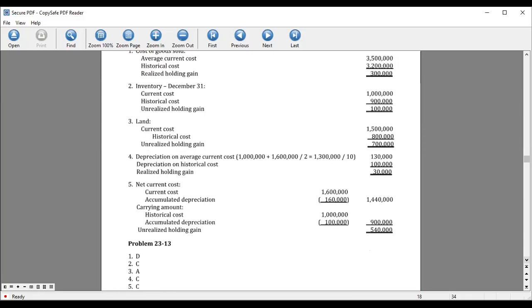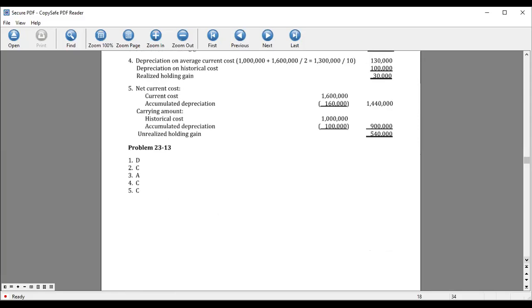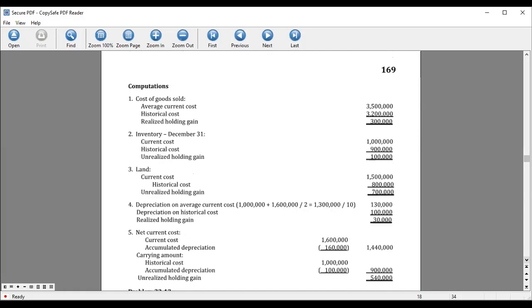Now net current cost of 1.6 million, accumulated depreciation of 160,000. So we have 1,440,000, while the carrying amount on historical cost is 900,000. We have unrealized holding gain of 540,000. So you add the realized holding gain of 300,000.